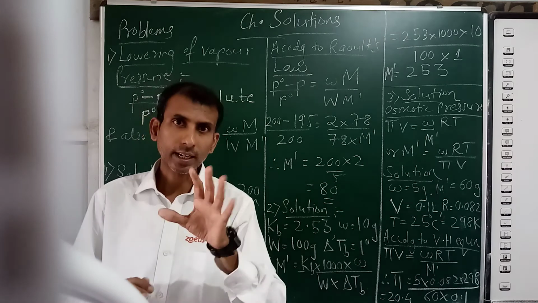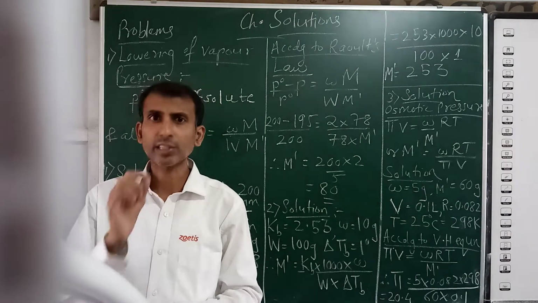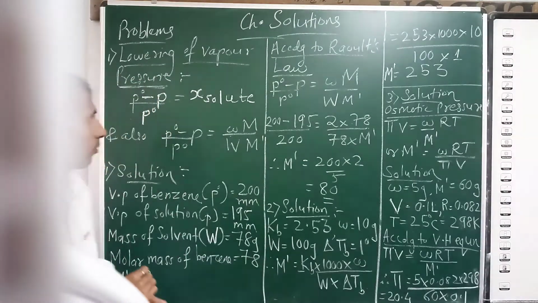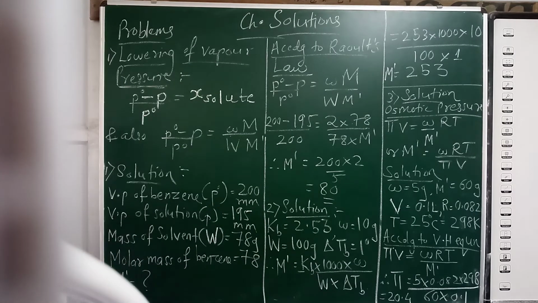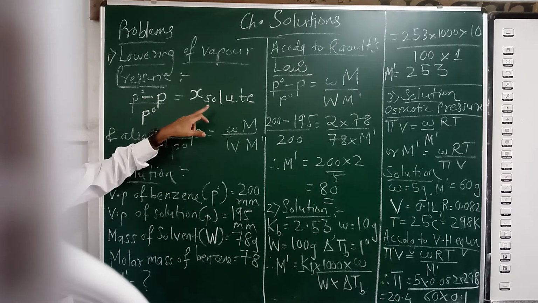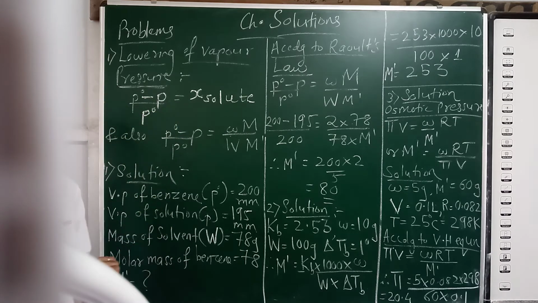So once again, to recollect the equation for lowering of vapor pressure, and more specifically relative lowering of vapor pressure. The equation is given like this: P naught minus P upon P naught is equal to mole fraction of the solute.